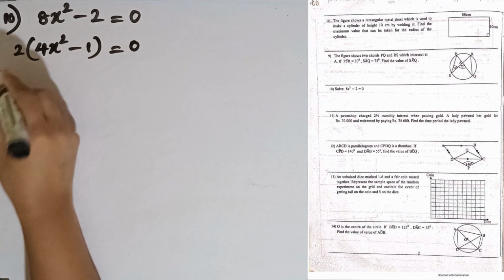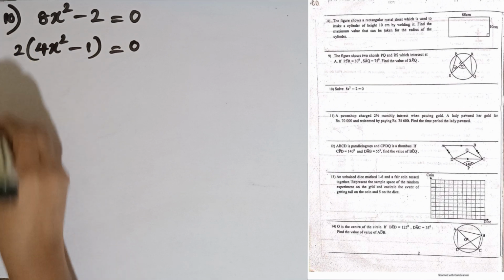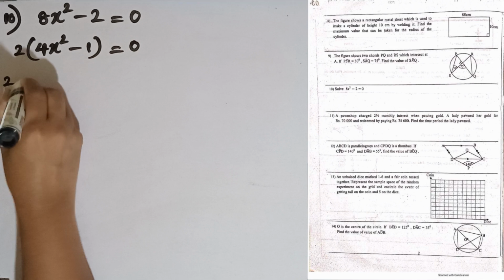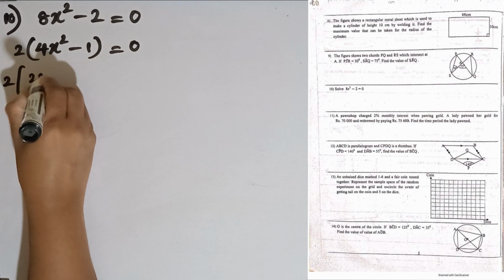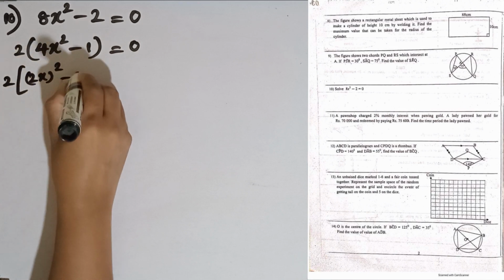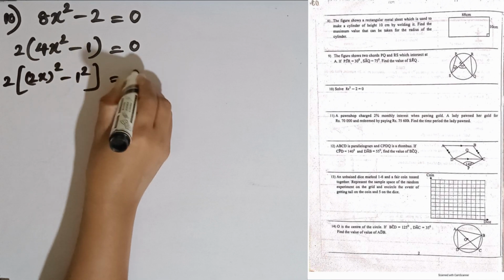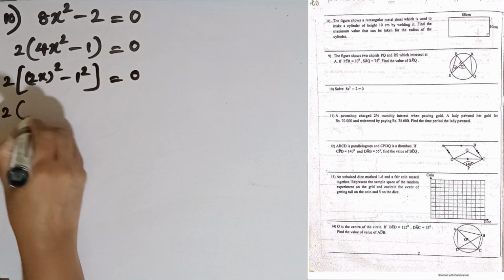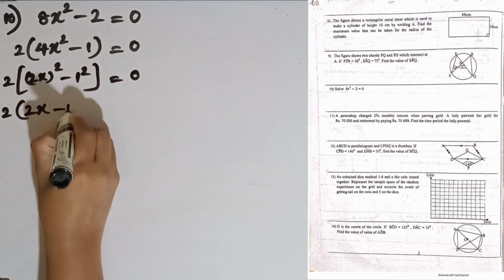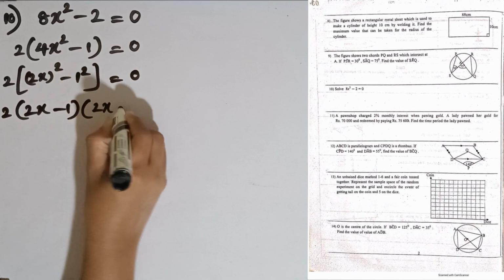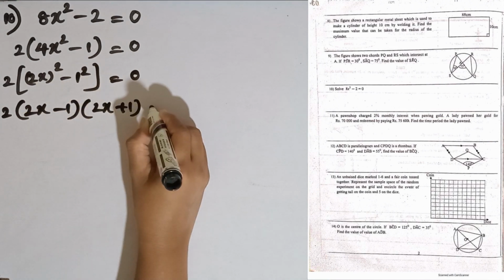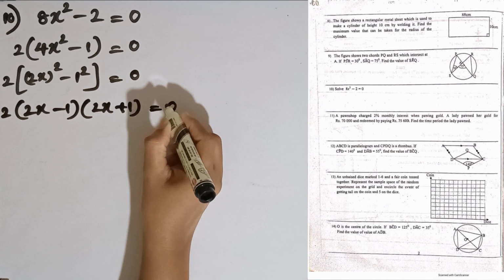So we can use the difference of two squares here. I can write like this: 2 times (2x) squared minus 1 squared equal to 0. Then 2 times (2x minus 1) times (2x plus 1) equals 0.